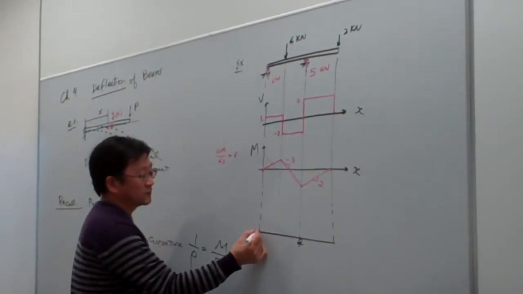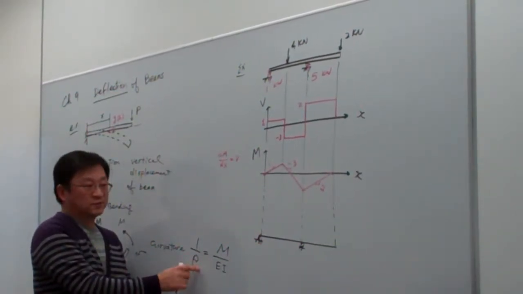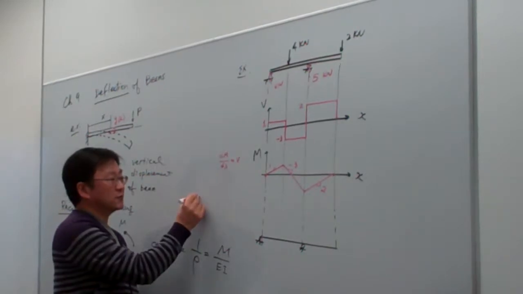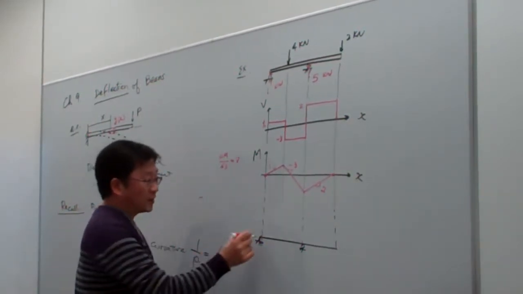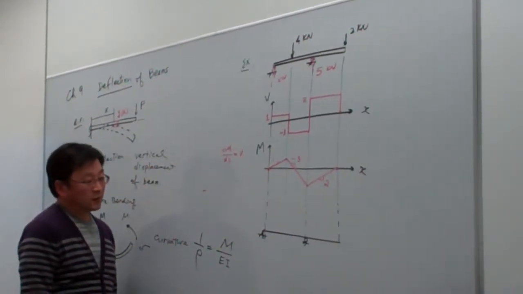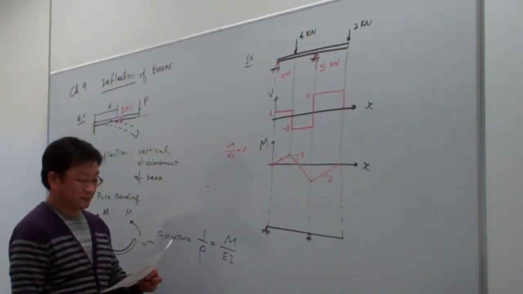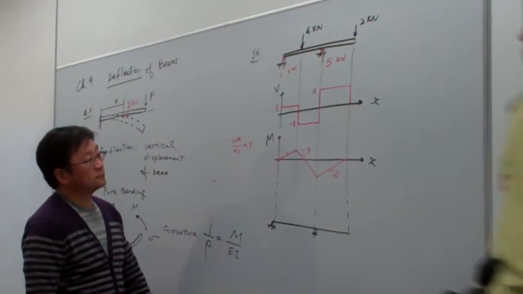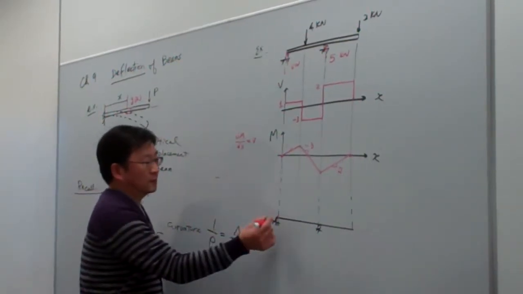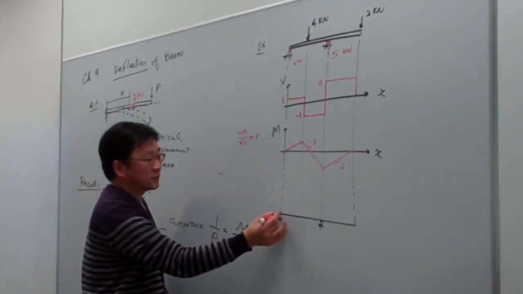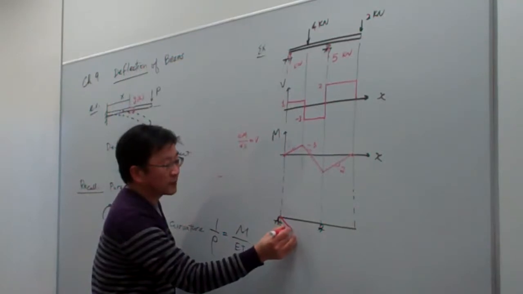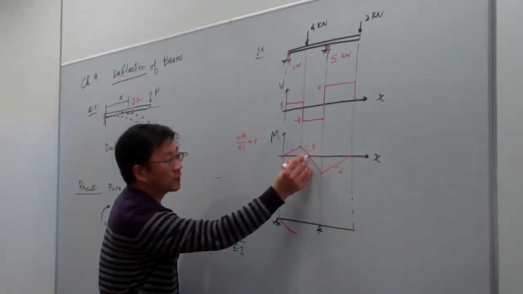Here the bending equals 0, so the curvature equals 0, which means that it is flat. Then from here, the bending is increasing, so the curvature will be something like this, with M over EI. So here I'm drawing the shape of the beam, something like this. Then at this point, the magnitude of bending equals 0, so the curvature here at this point is 0.